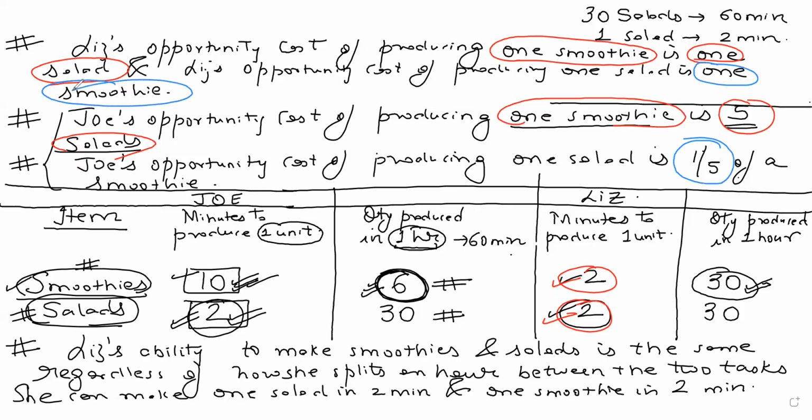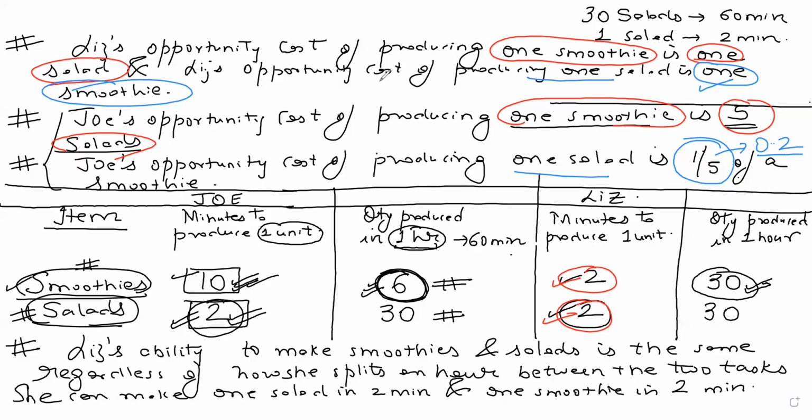So who has a comparative advantage in making salads? Joey has a comparative advantage in making salad, because Joey will only give up 1/5. 1/5 is how much? 0.2. Joey will only give up 0.2 of a smoothie to make a salad. Liz is going to give up one smoothie to make one salad. Liz has a higher opportunity cost of making salad compared to Joey.